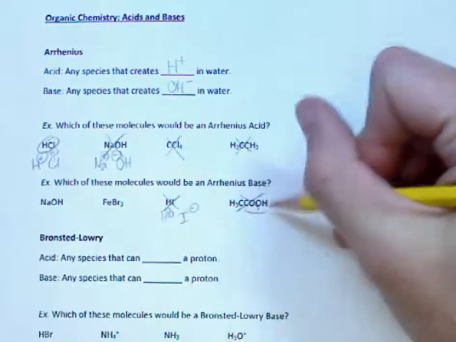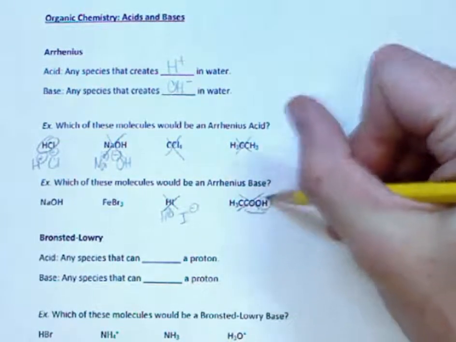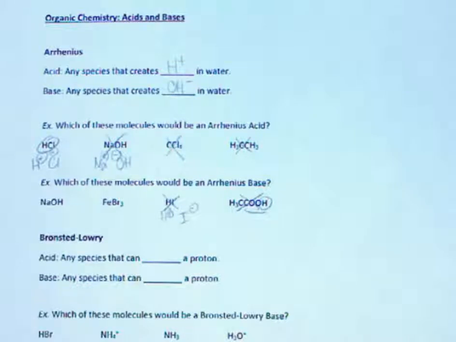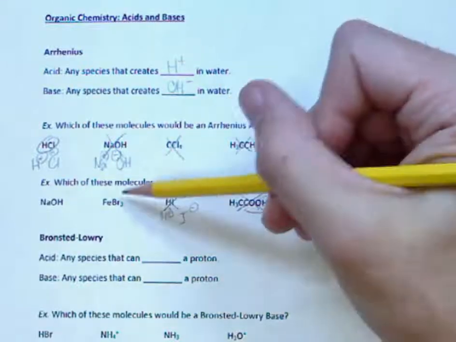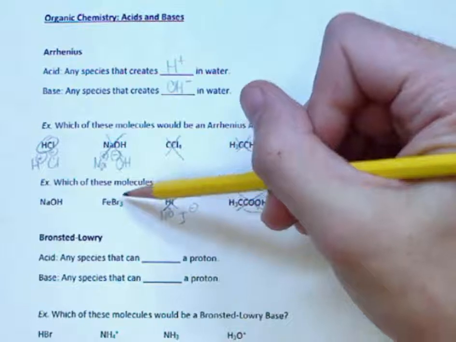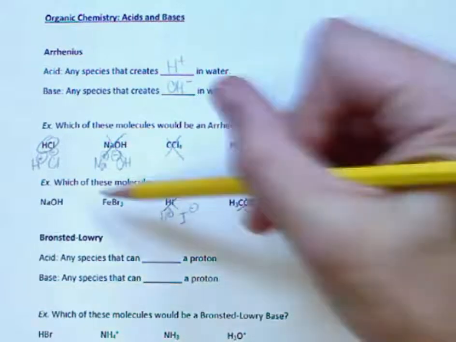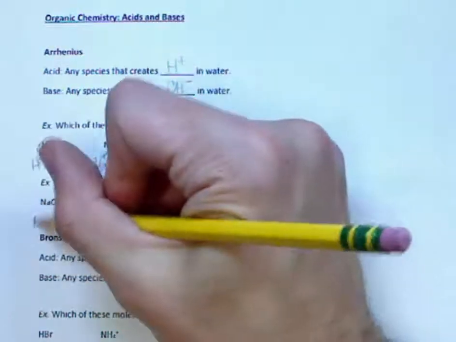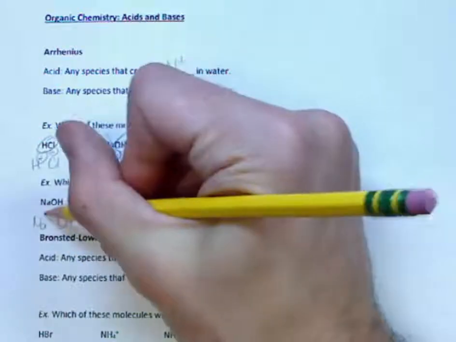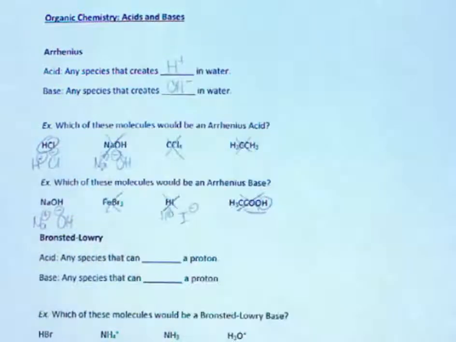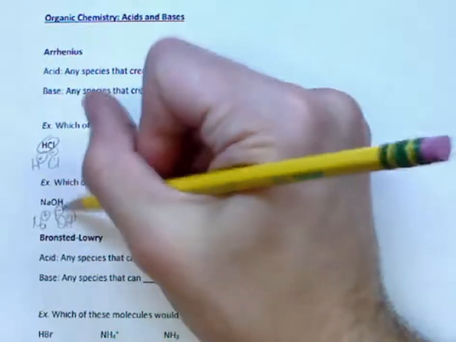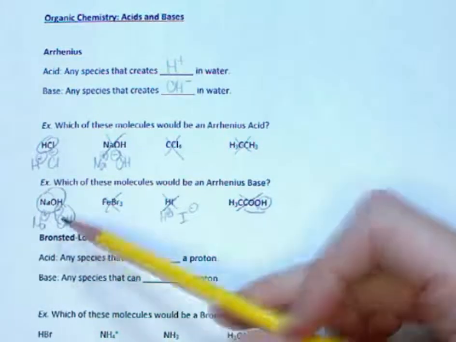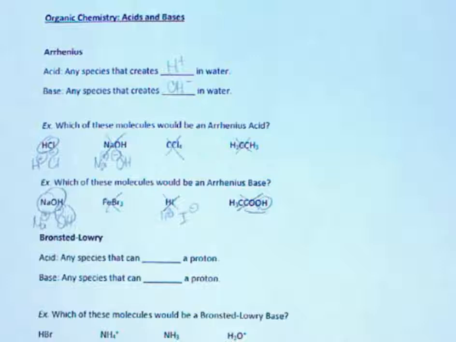And the same thing with the carboxylic acid group, which would lose that proton. We have FeBr3, which will not create OH- in water. And so our final option is Na+ and OH-. So sodium hydroxide will create OH- in water.